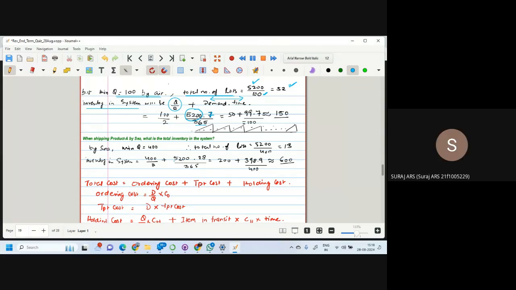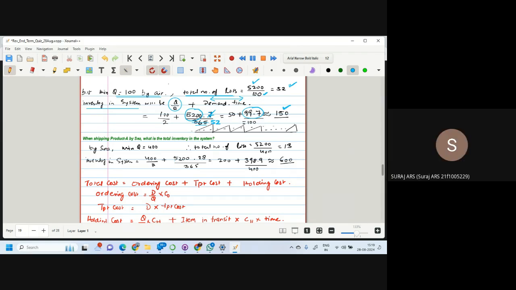Then you use this 52, that in 1 year there are 52 weeks. So this becomes approximately 100, and this becomes 150.